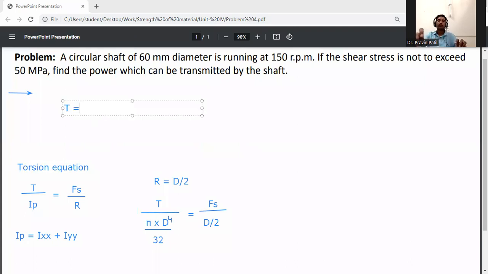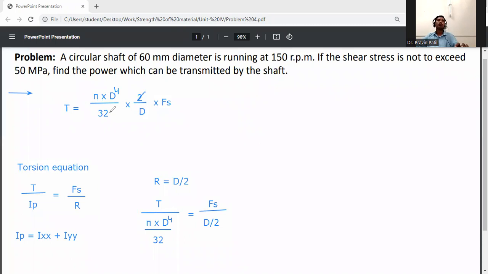T is equal to pi d raised to 4 divided by 32, into d by 2, it will become 2 by d, into Fs.